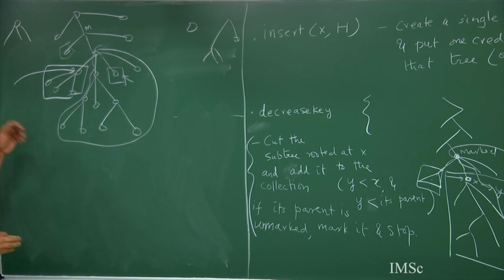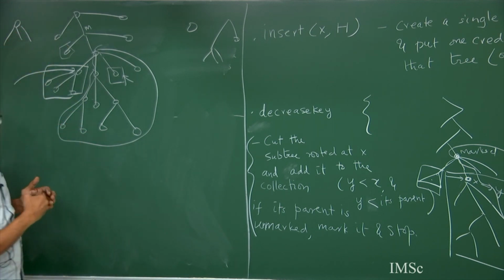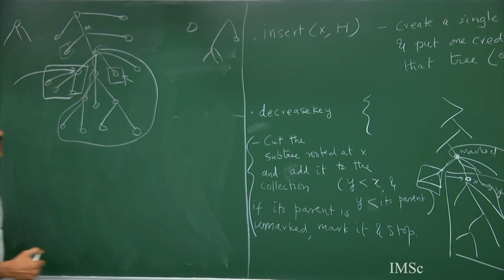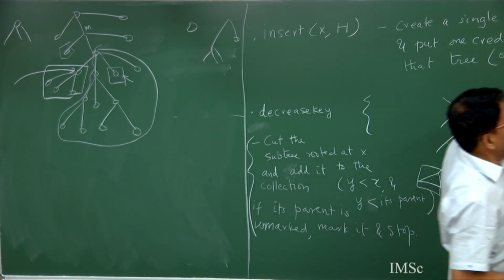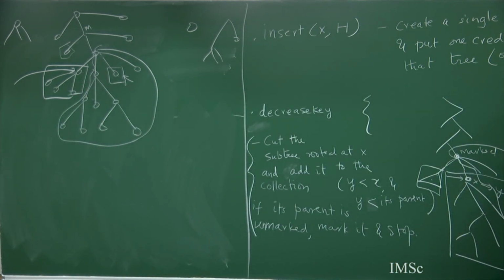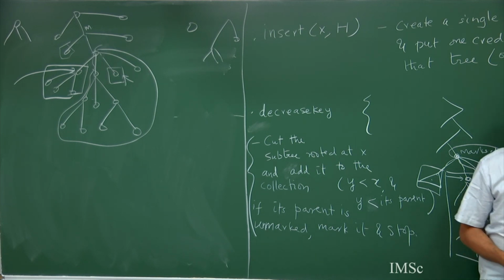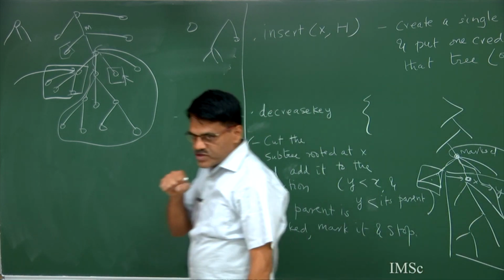And when will I stop? Either my parent was unmarked, then I will mark it and stop, right? With the while loop, you will get out. If it is marked, you're going to continue. If it is unmarked, you will get out. Or it is root, then you will get out of this while loop, right?